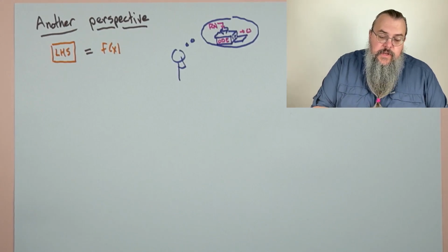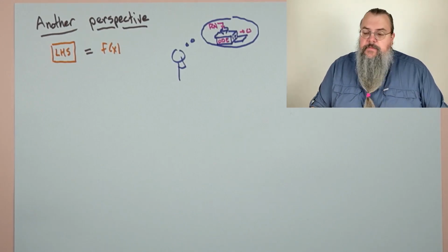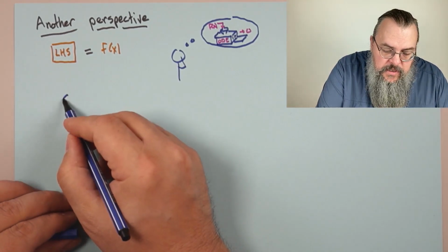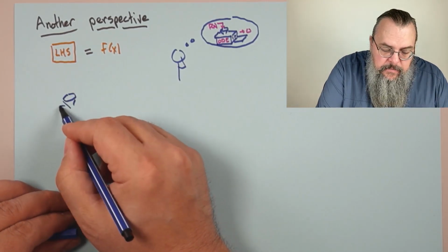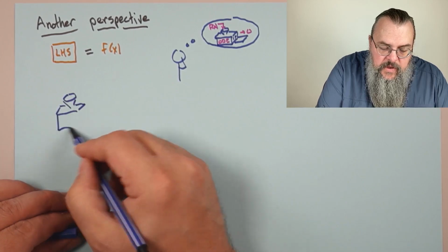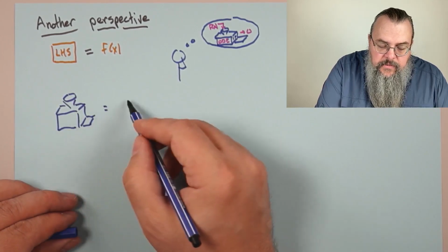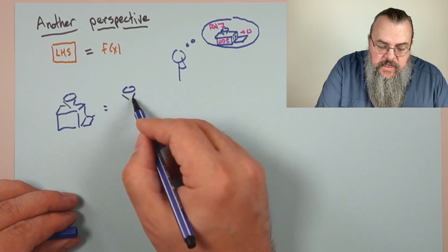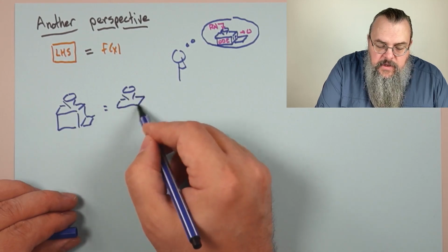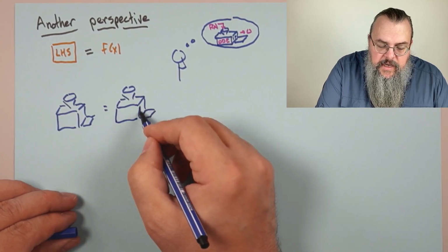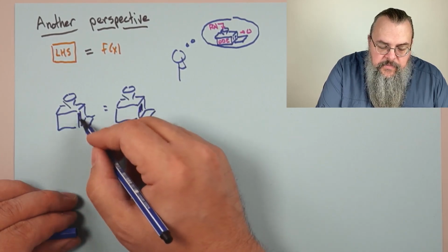We're going to take this machine that we've found, and into this machine we're going to plug in both sides. And what's going to happen? Well, since the two sides are equal to begin with, the outputs are equal, because that's how machines work. They have to have consistent outputs.